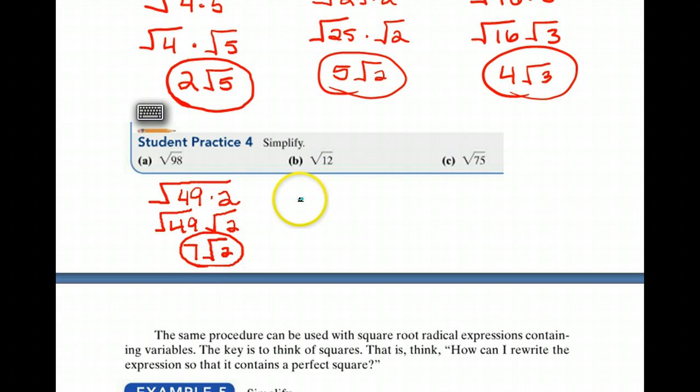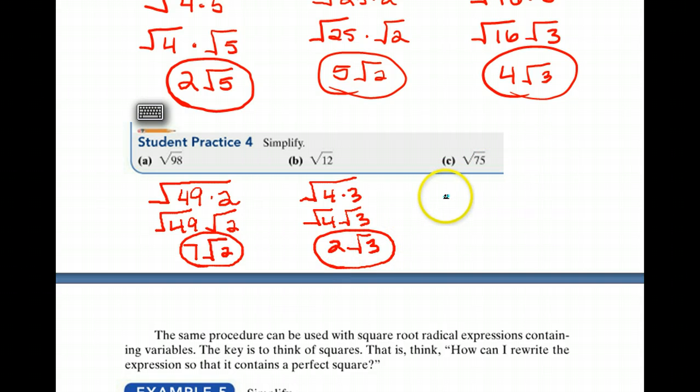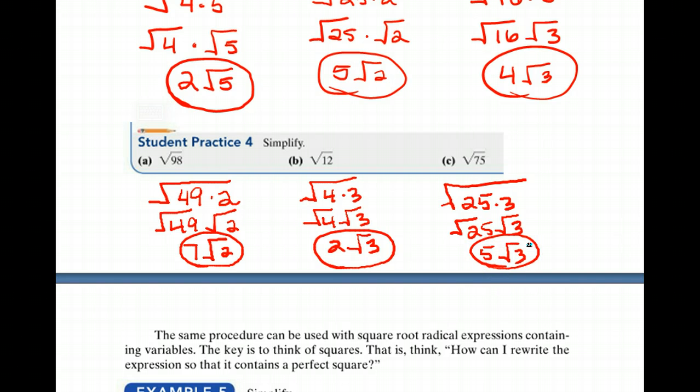For 12, we broke this into 4 times 3, so that gives us root 4 times root 3, which gives us an answer of 2 root 3. And then letter C, I broke this one into 25 times 3, and then we have root 25 times root 3, and we have an answer of 5 root 3.